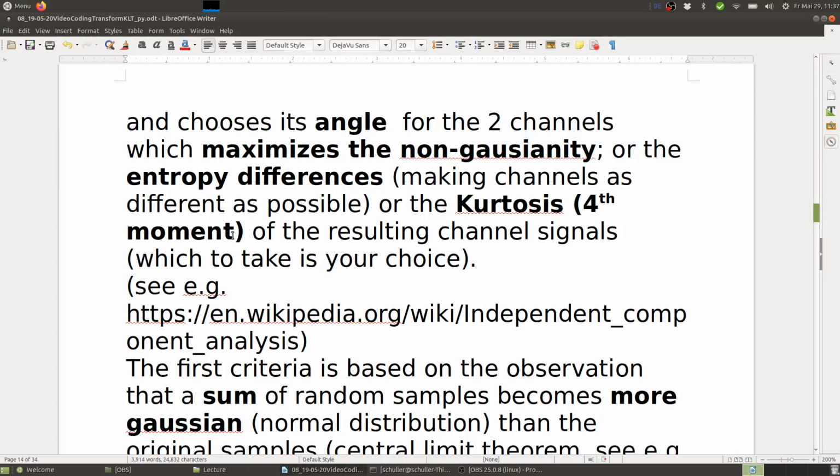This is the fourth moment of the probability distribution, and this is another measure of the non-Gaussianity, right? So if you maximize the kurtosis, then this maximizes the non-Gaussianity. Yeah, so these are different information theoretic measures which are relatively easy to compute. And we can take the one which is easiest to compute for our choice.